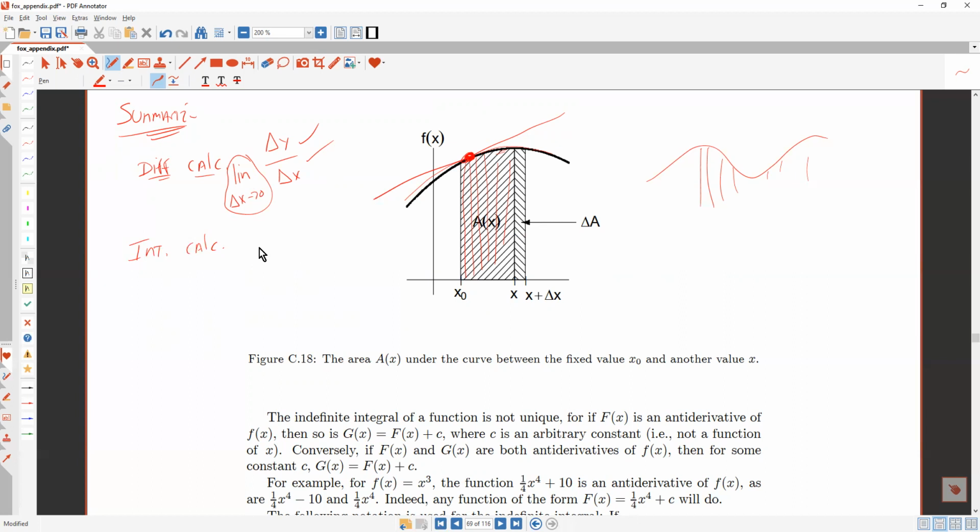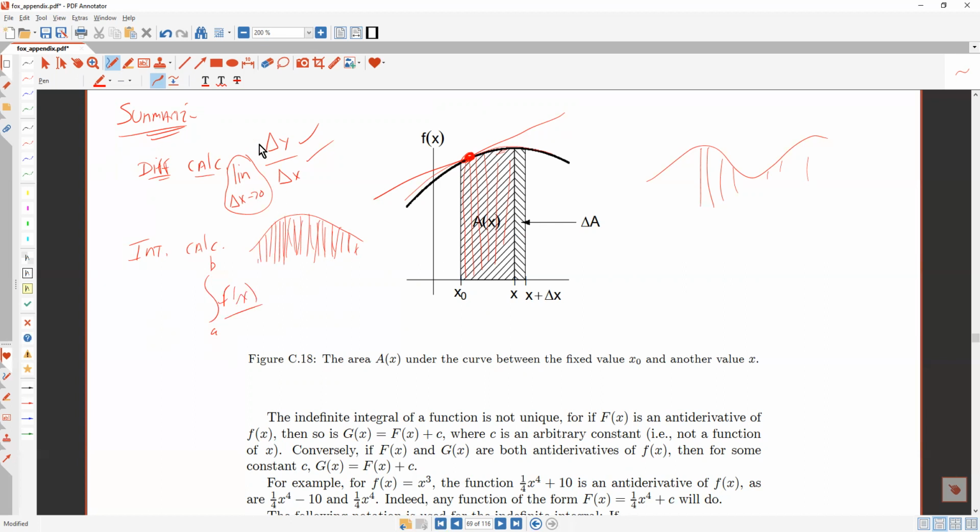And the idea of integration is what we're just looking at here. It's computing areas under curves. And it does so by approximating a whole bunch of rectangles that are made really, really small and summing up all those things using an integral from a to b of the function.